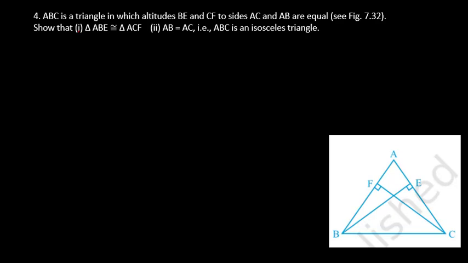So this is the same as the third problem. You can pause your video here and try to solve this problem by yourself. Once you have tried, you can see the solution. First I will write what is given.